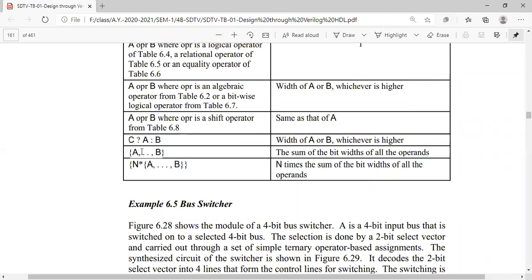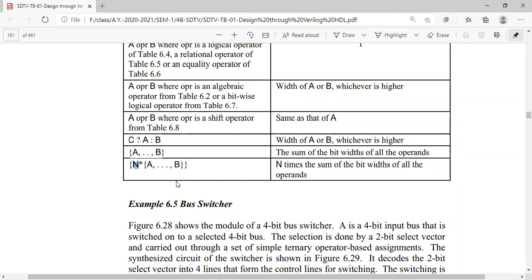In this concatenation, if I am using n, say some p number of bits, the summation of all the bits of the operands is p, and n times that p is the total number of bits necessary here, right?